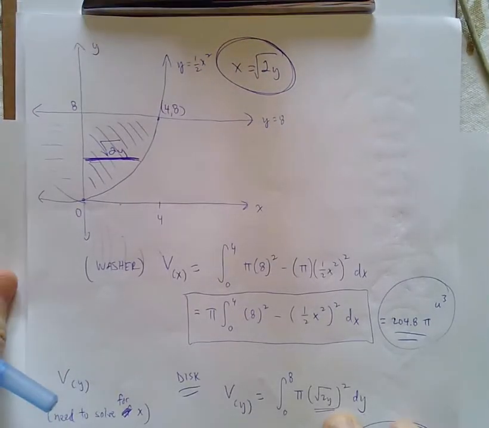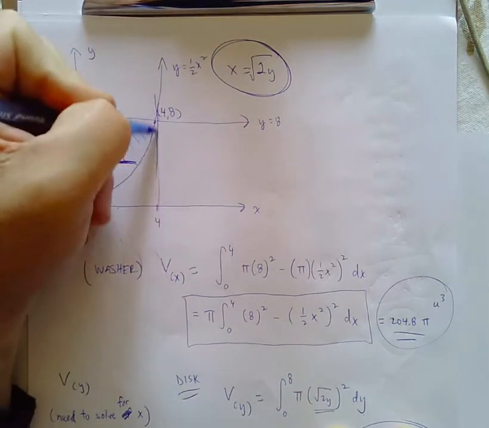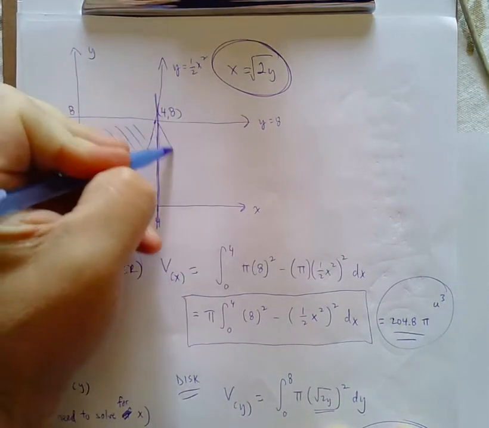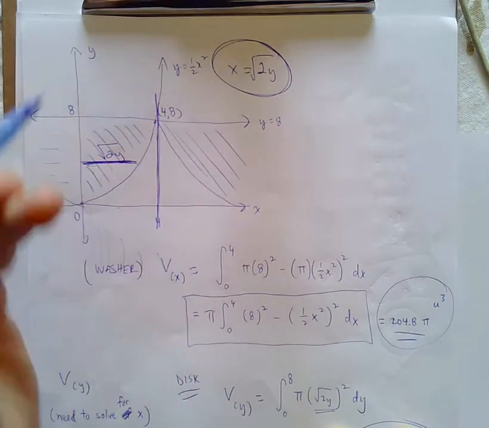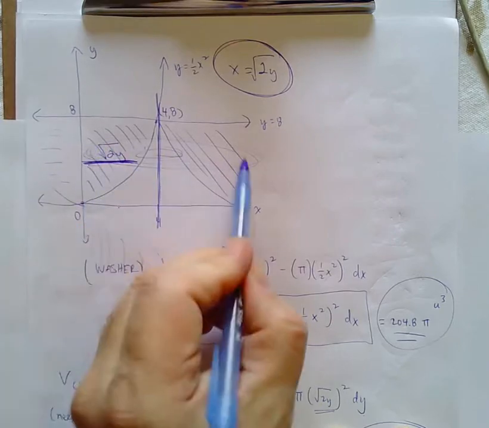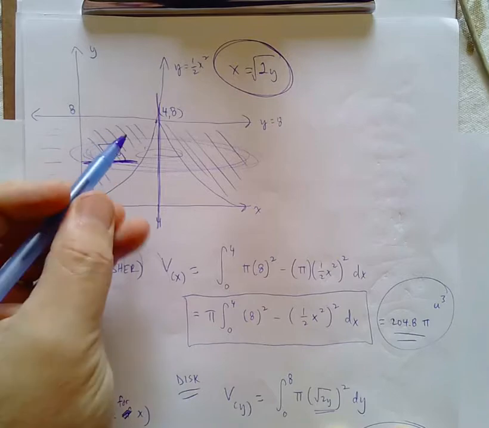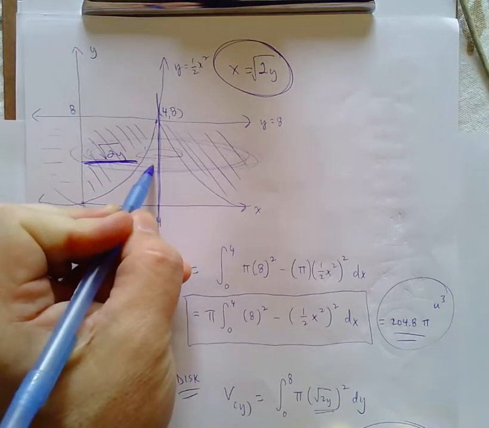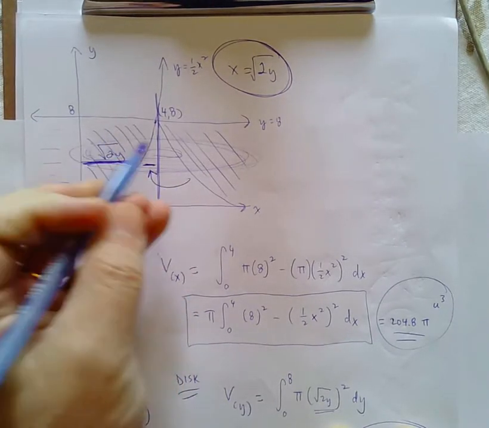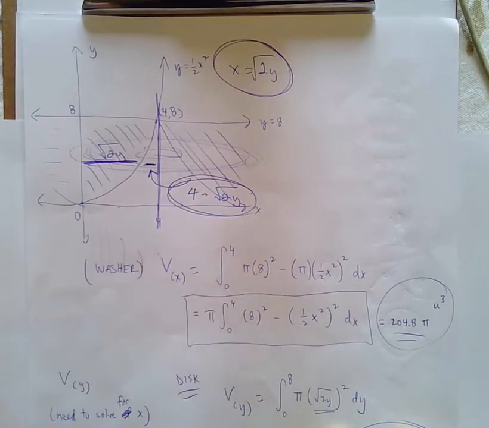Now, when I revolve around x equals 4, I'm getting a washer shape. And if this is radical 2y, the distance to x equals 4 is 4 minus radical 2y. And that's the tricky part here.